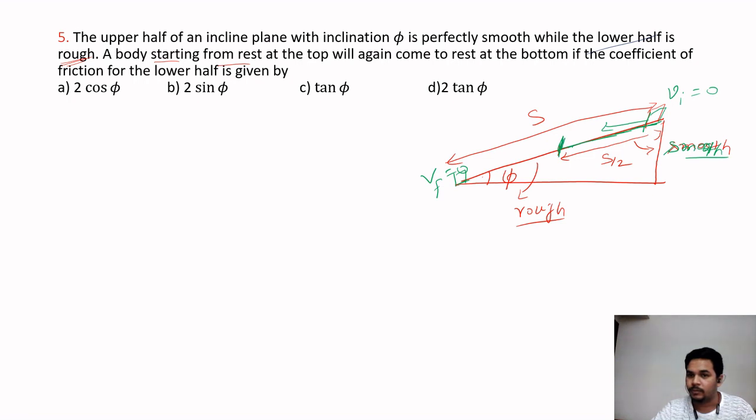After that, this surface becomes rough. As a result, the speed will start decreasing. Maybe friction will be more than the component of mg along the inclined plane. As a result, the body will start retarding.